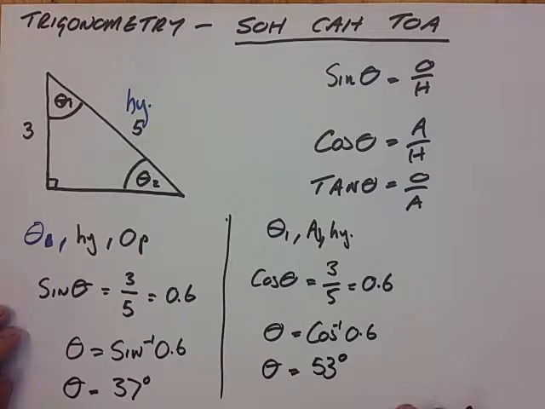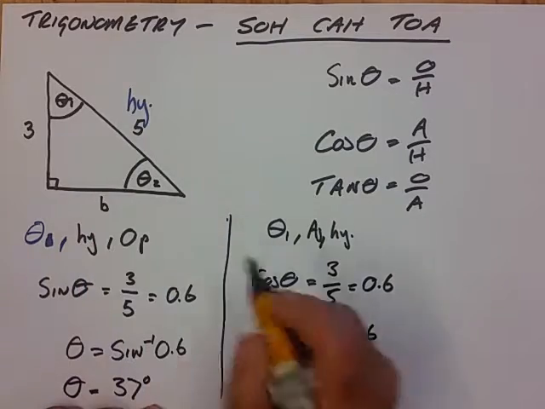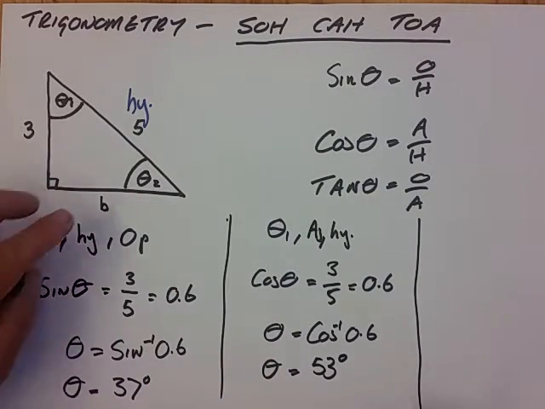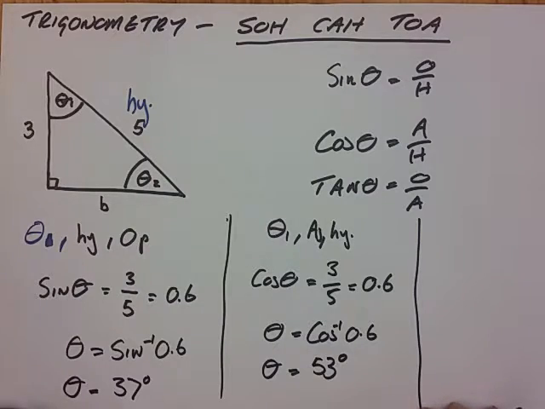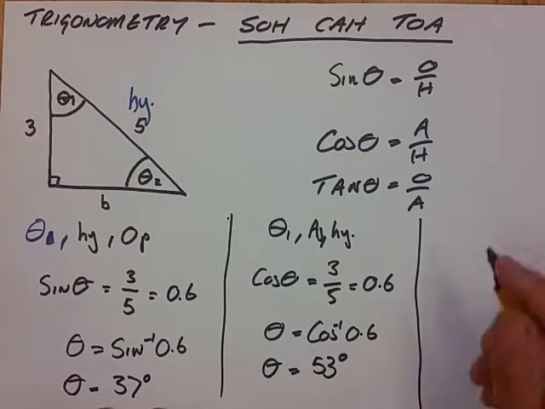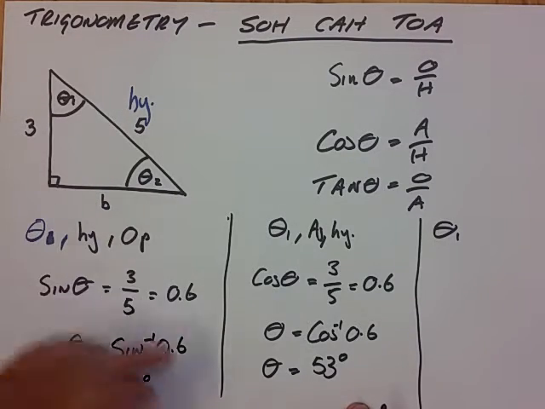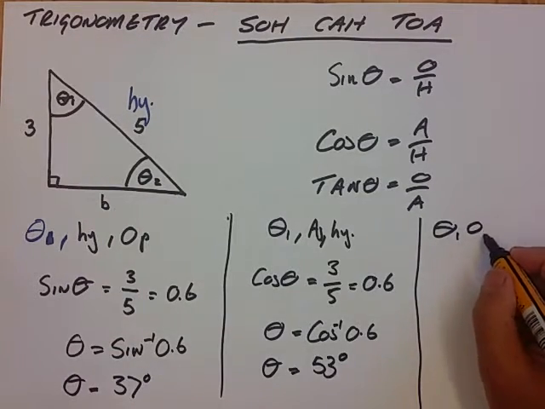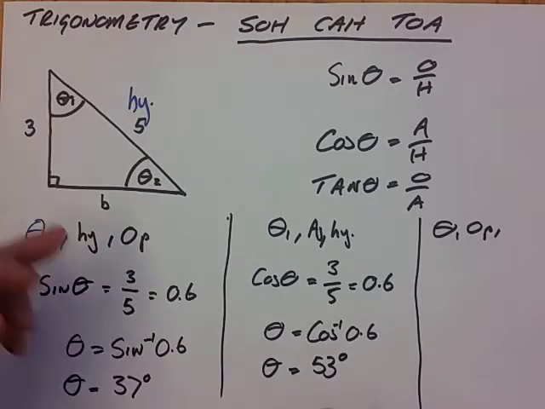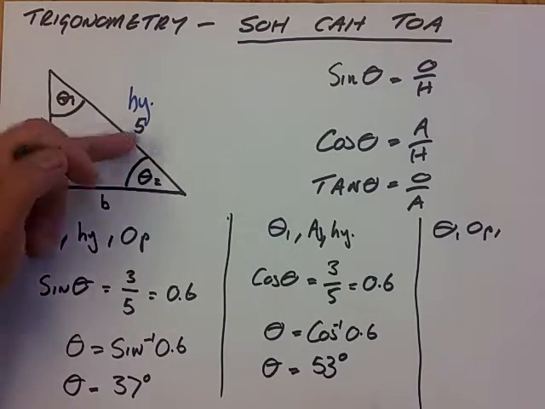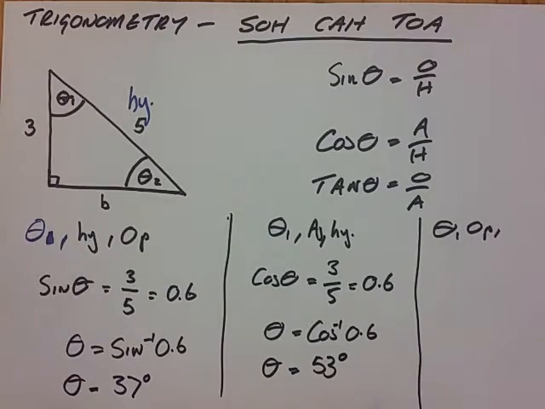Now let's move on and find side B, and we'll use one of the angles to find it. Let's say we use theta 1. In this case, B would be the opposite. So we have the opposite. Now we have the adjacent or the hypotenuse. We could use either one. And because we haven't used the tan yet, I'll use the adjacent.